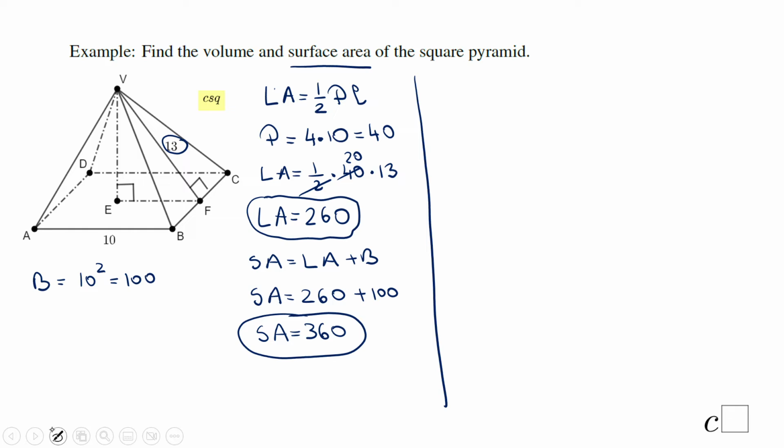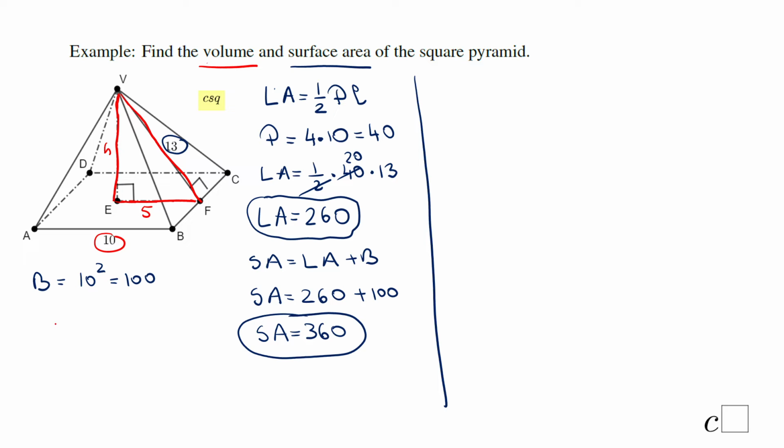And now we can move to the last part, which is the volume. So you see, I started with the last part in fact, and I'm moving to volume now. For volume, obviously we need this height, VE. Now if you notice, this is the triangle we had before, a right triangle. If you remember, this is 5, half of this 10. The question is, how much is this height?